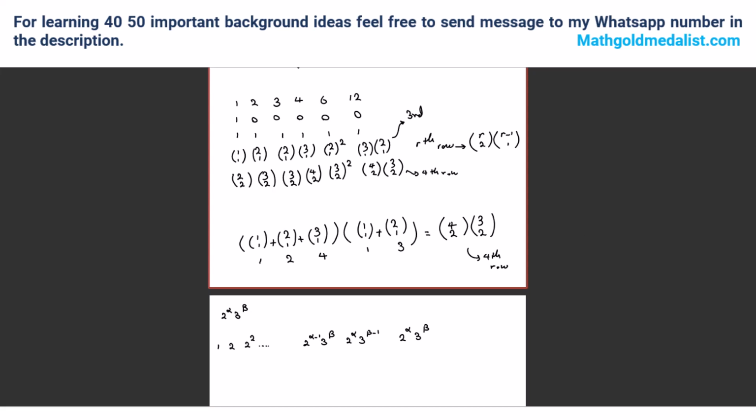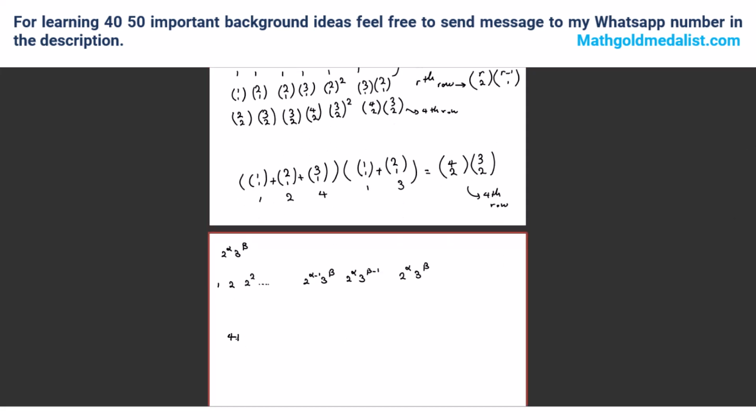For the fourth row, 12 was 2 squared times 3.